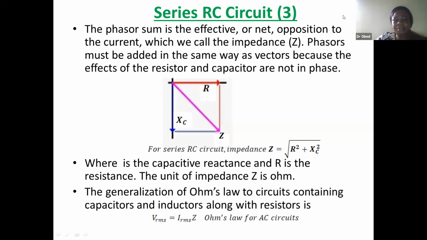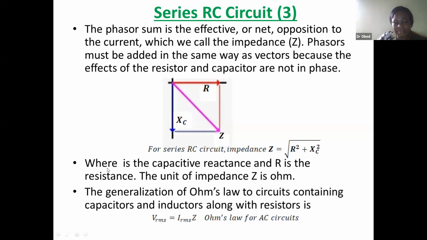The phasor sum is the effective or net opposition to the current, which we call the impedance. Phasors must be added in the same way as vectors, because the effects of the resistor and capacitor are not in phase. So for series RC circuits, impedance is given as this.